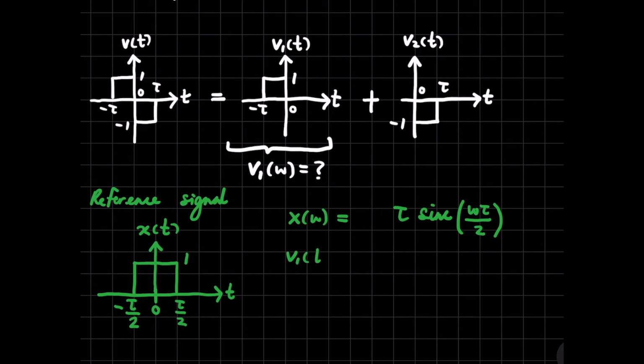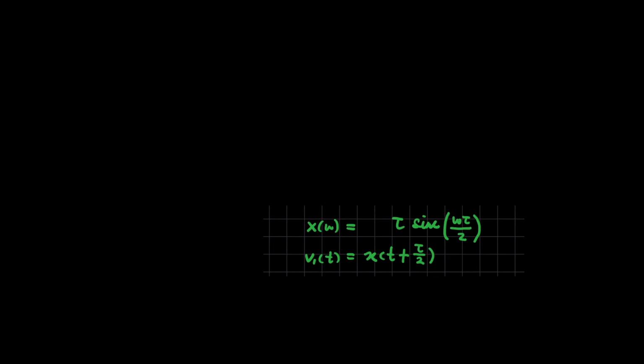We can relate the signal v1(t) with x(t). In this case, v1(t) is actually the shifted version of x(t), where x(t) is shifted to the left by tau over 2 units of time.